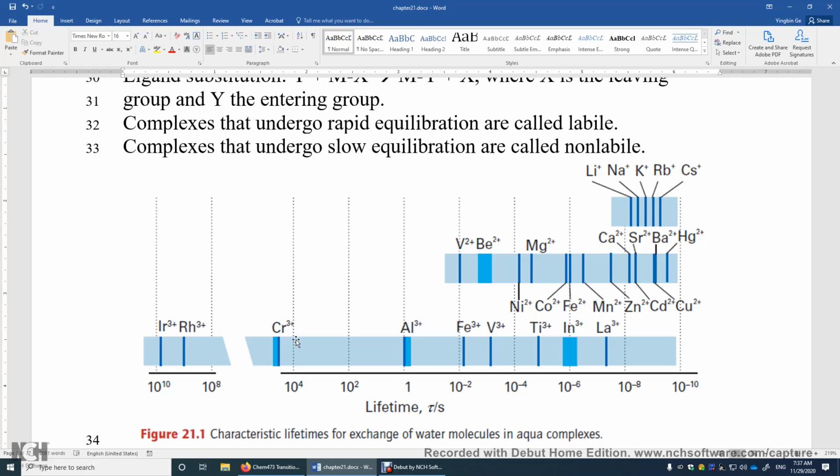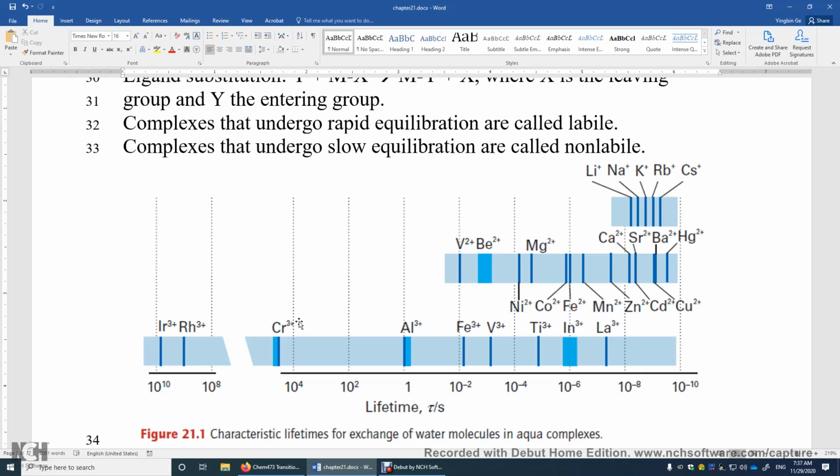So in chromium 3+, of course, you have just 3 d electrons. Now let's recall, in the hexa aqua chromium 3+ transition metal complex, you have an octahedral environment. The 5 d orbitals split into t2g and eg orbitals.